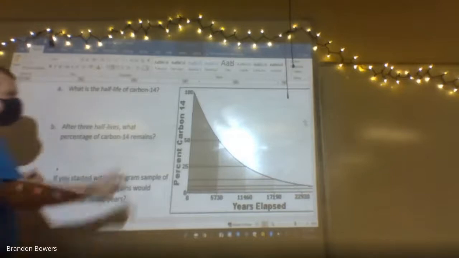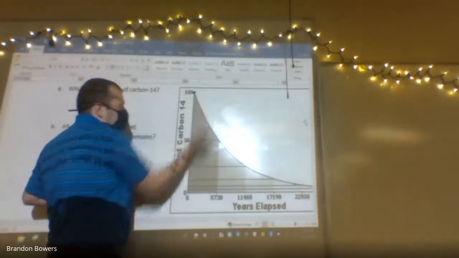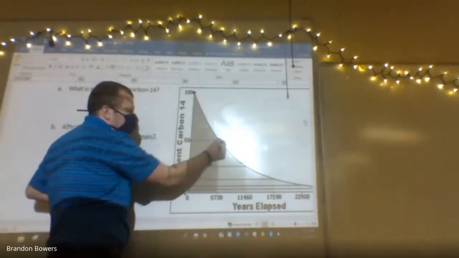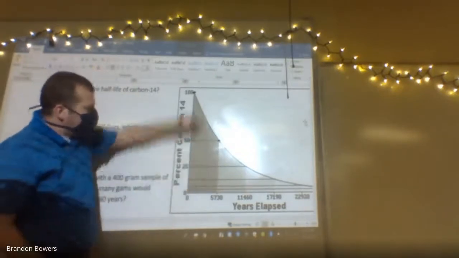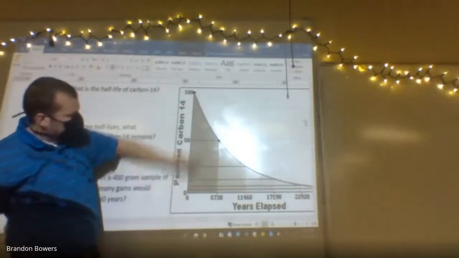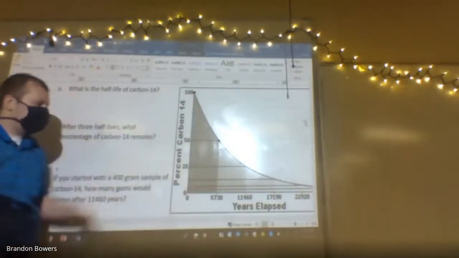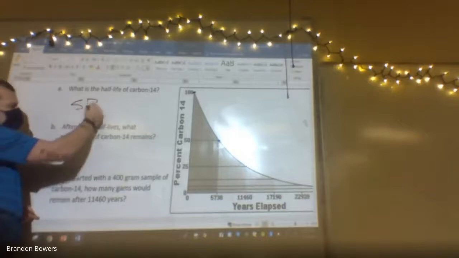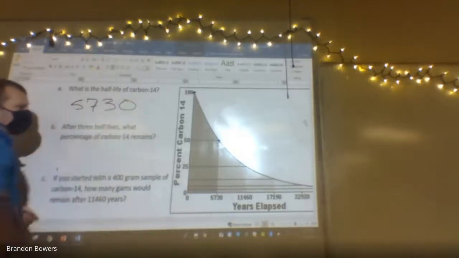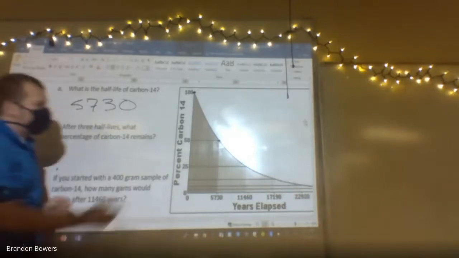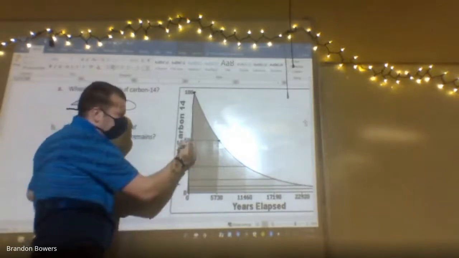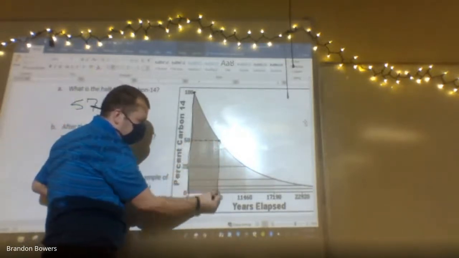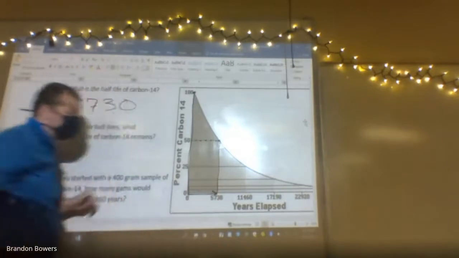If you start at 100% and go down to 50%, that's a half-life. So how much time occurred from this point to this point? 5,730. Does that make sense? Reading this graph, if you started here and 50% was here, this much time passed.